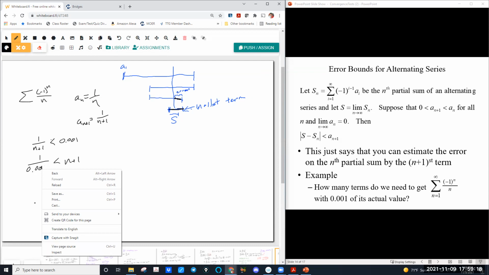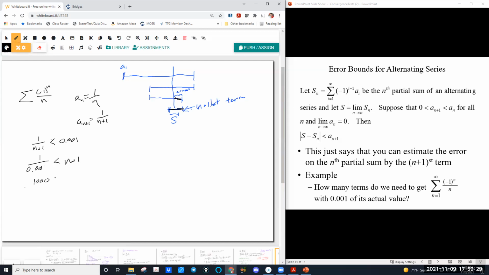And we want to solve that for n. So 1 over 0.001 is 1,000. We want n plus 1 to be greater than that. So subtract off 1. So that means 999 terms is going to be enough to get us within this tolerance.